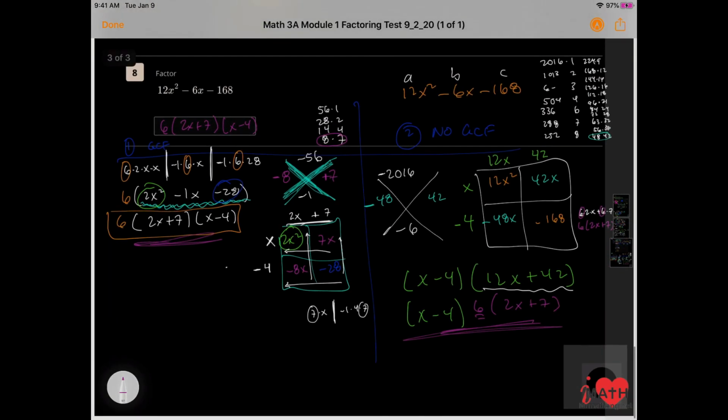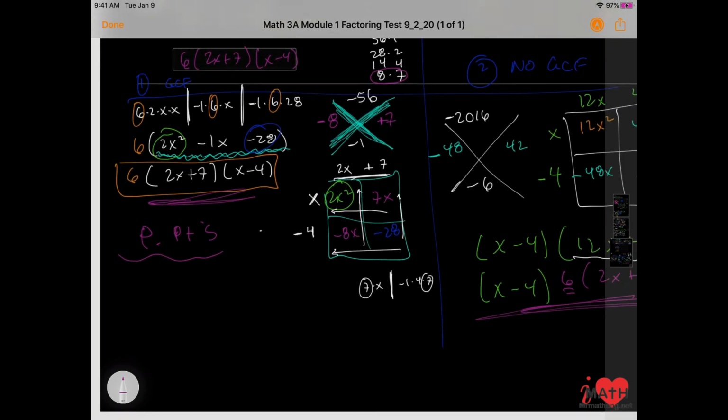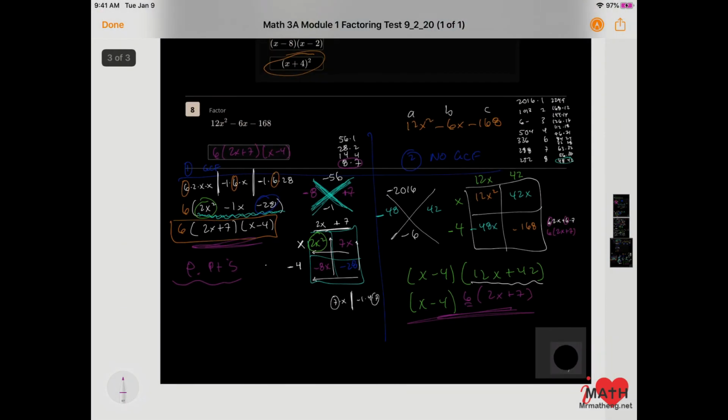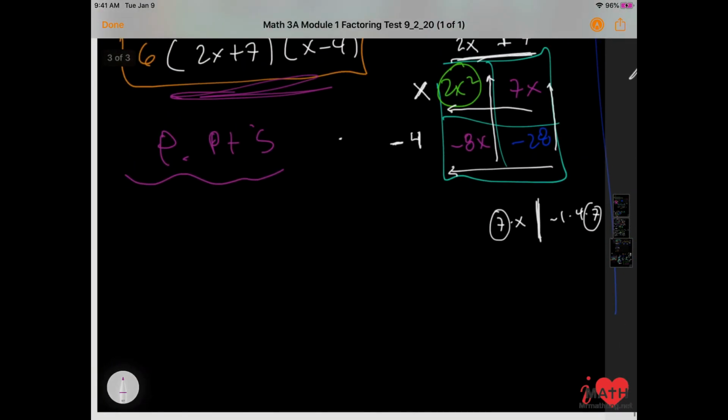Okay, so how did I get the partial points? Partial points for question number 6, question number 8. If you missed the GCF, you got 0.9. Missed GCF.